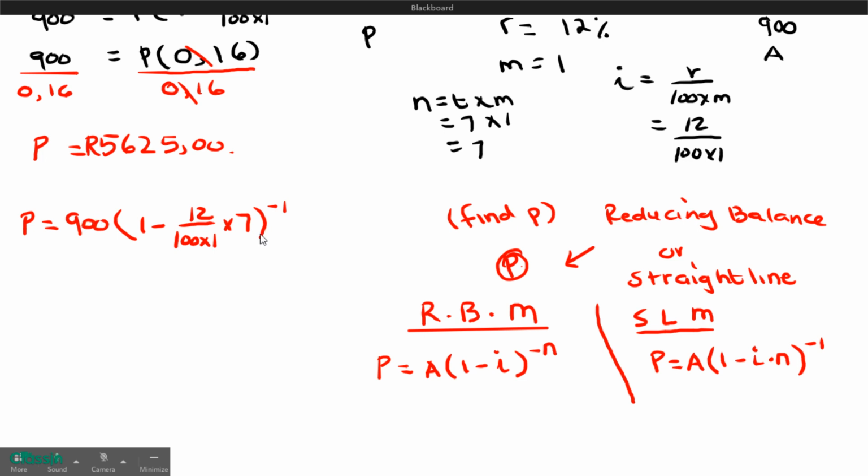So just press this on a calculator and tell me how much you get. 1 minus 12 over 100 multiplied by 1 times 7, close bracket, exponent negative 1. Then if you press this correctly on a calculator, you'll find that your P is equals to 5625.